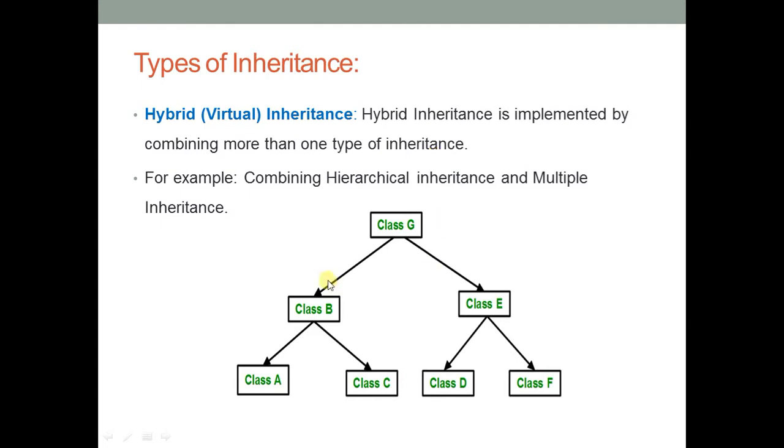Okay, I'm telling you again, please do not follow this diagram because this is the example of hierarchical. तो ये hybrid का diagram नहीं है. For example, you can say combining hierarchical inheritance and multiple inheritance. I forgot to paste the diagram for this. Next classes I will show you. For now skip this diagram. Just try to understand hybrid means there will be a mixture of different types.